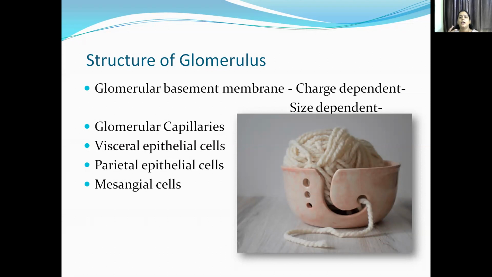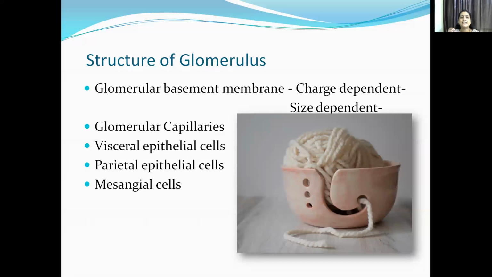So we will not be able to reabsorb what we require, or whatever we require also goes through the urine. So there may not be an effective filtration. Because of that, there can be an increase in the urea and creatinine in the body, which may cause ill effects to the body, right? So this is about the epithelial cells.